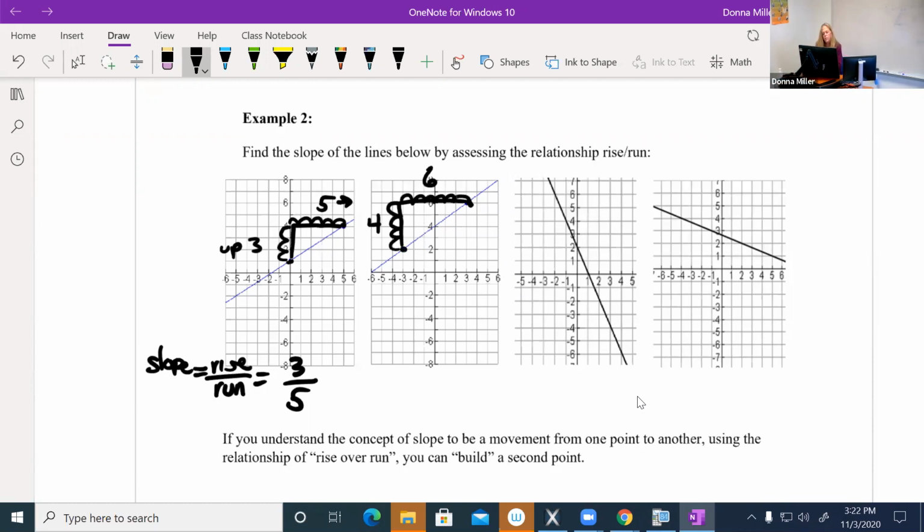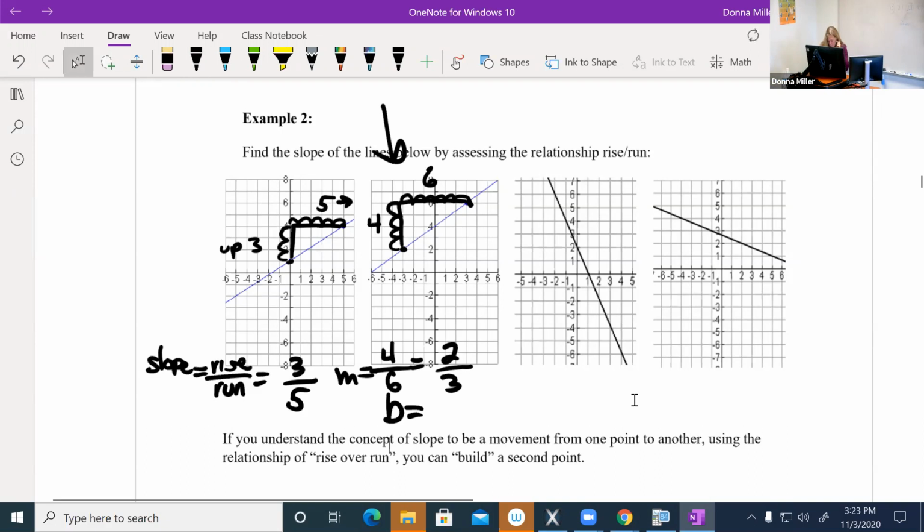So my rise is 4 and my run is 6. So we get 4 over 6, which I can reduce and make it 2/3, right? I want to reduce it if I can. All right, so just to see if you guys are paying attention for this graph, what's the y-intercept? What's the value of b?